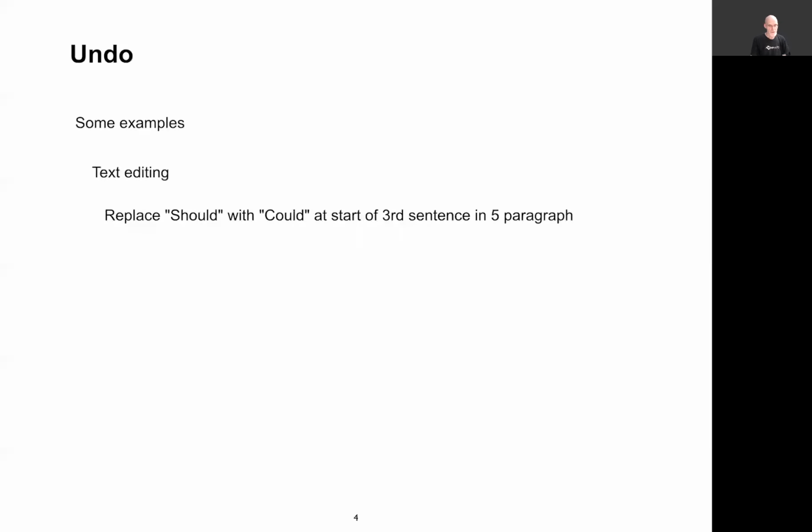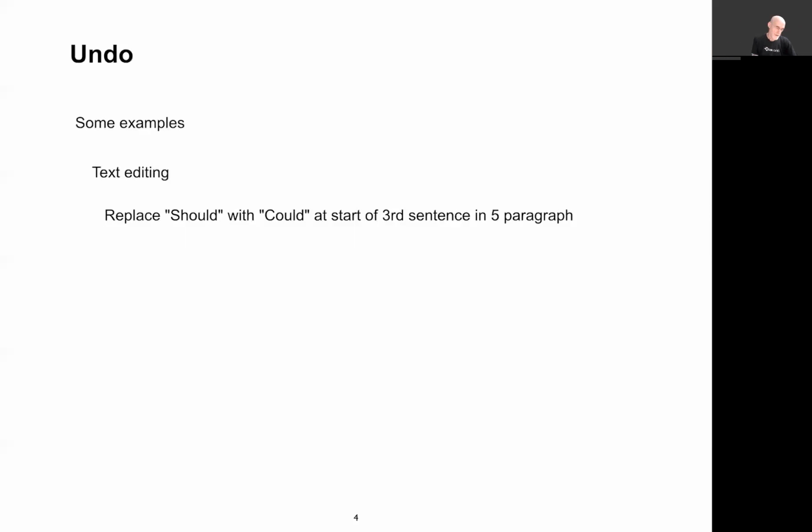In a more interesting case, if we're doing text editing, if I replace a word in a particular location in the text, there's no direct inverse of that. I can't just do a global replace of "could" with "should", because there could be multiple instances of that word in a document.